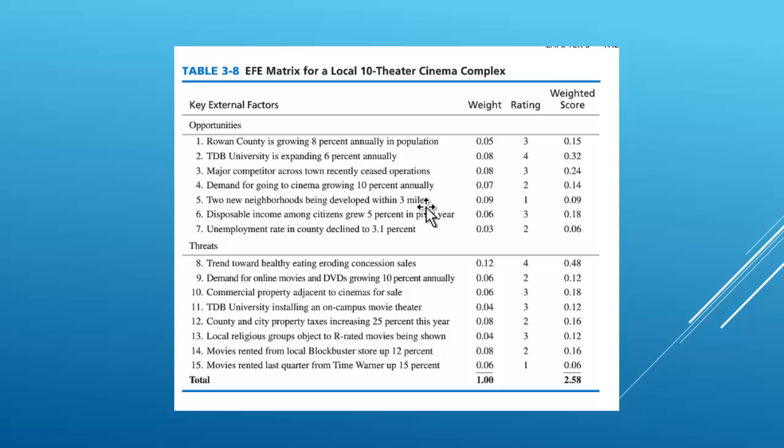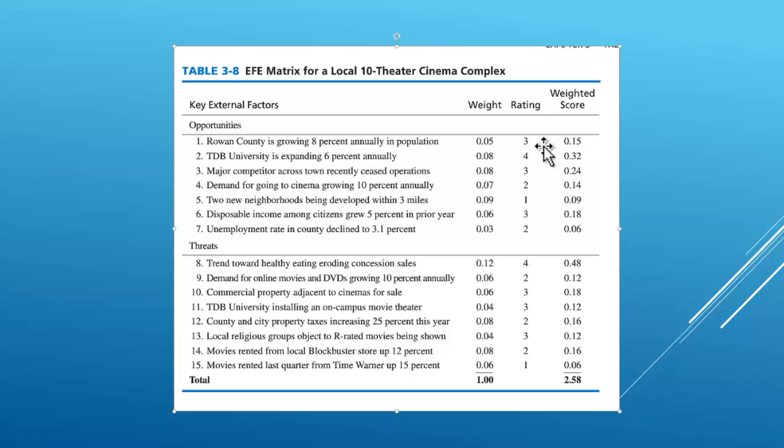They also looked at, my goodness, we've got more opportunity with neighborhoods being developed, and economically things are doing pretty well. Disposable income has gone up, and the unemployment rate has gone down. They felt this was really important data, opportunities, and they applied ratings. Now look where they're very strong: the university expansion.